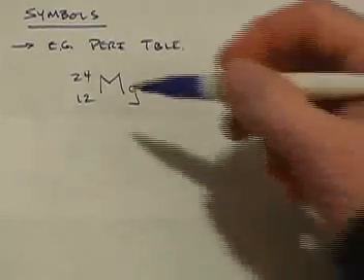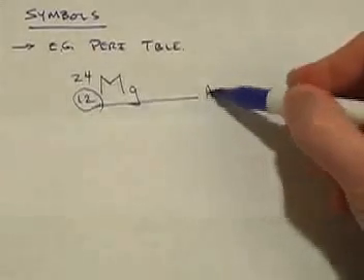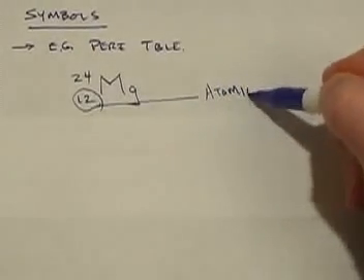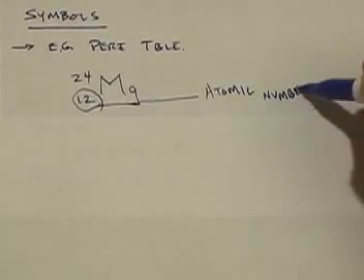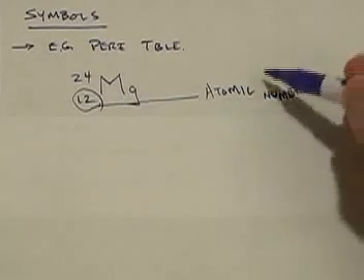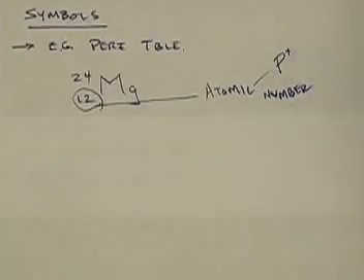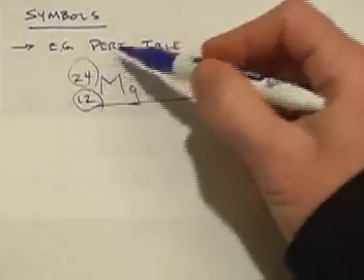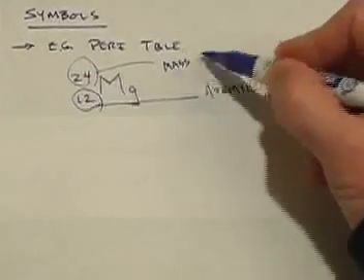The 12 indicates the number of protons in the nucleus, which is known as the atomic number. Please be aware that the atomic number tells us the number of protons in the nucleus.